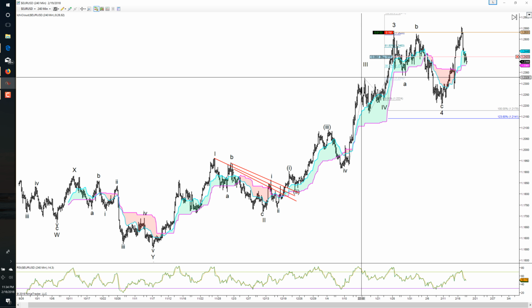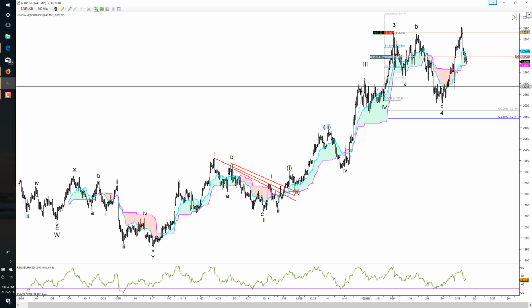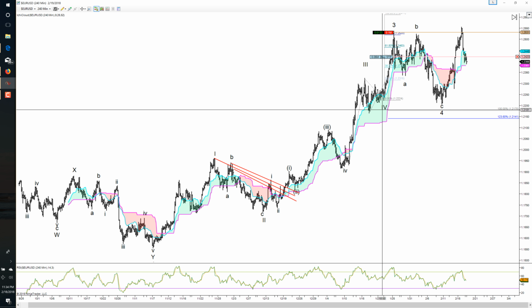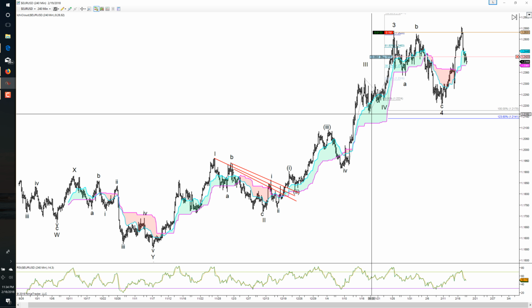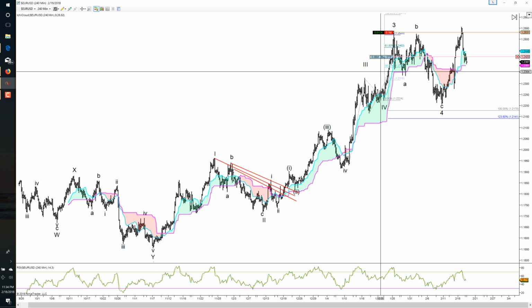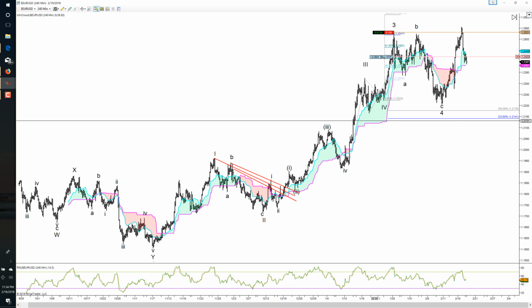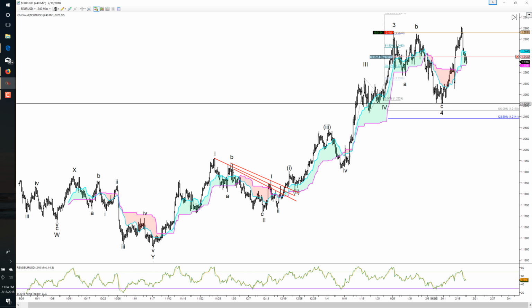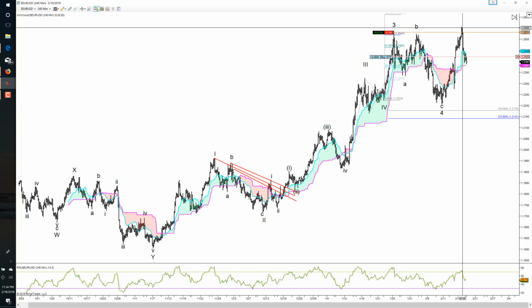You can put wave 3 here, and maybe this can be the A here, and then that doesn't make any sense. It's too impulsive to be a B. But if you had an A here, you can do a B here, and then you can do an A, B, C here. But this can't be a D because it went higher than B.